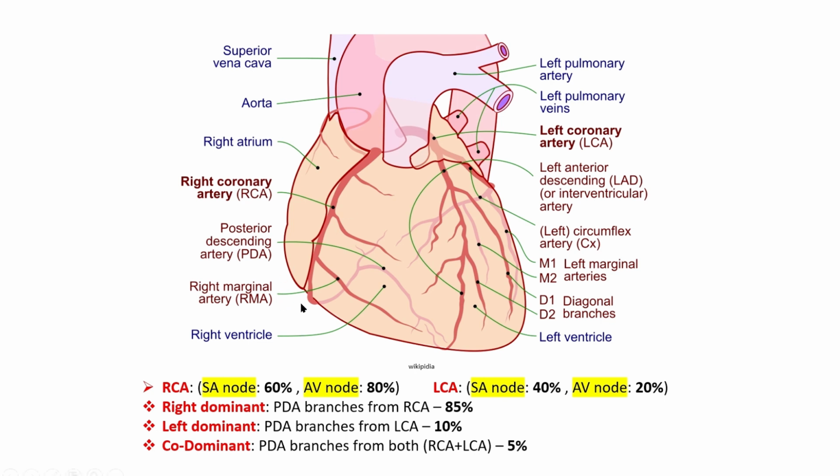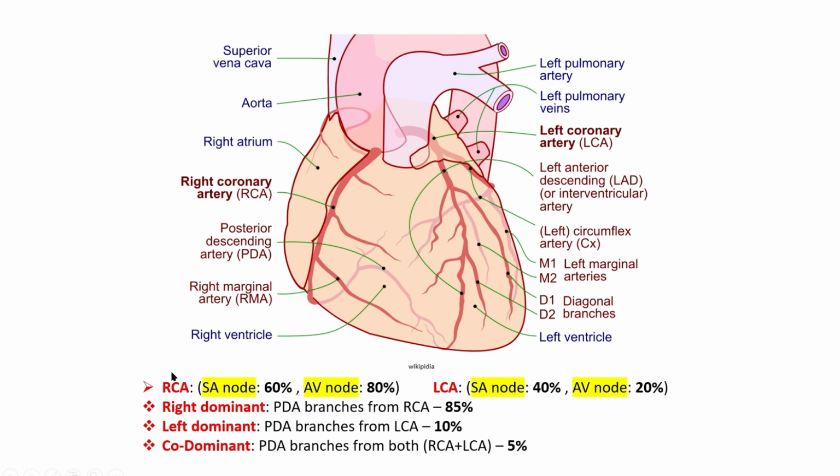But nevertheless, what we need at the moment is, in case of the blood supply to the SA node, in 60% of the human population, it's supplied by the right coronary artery.